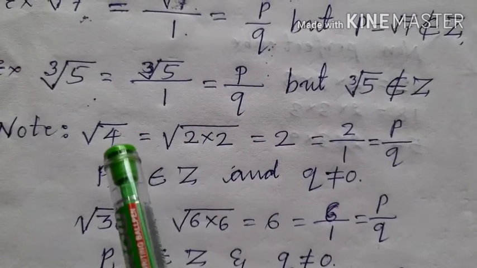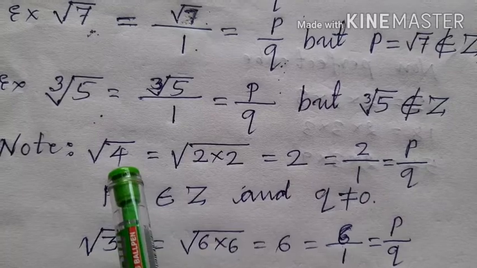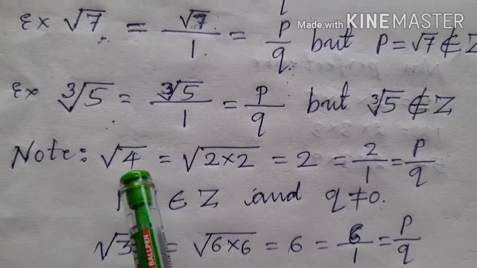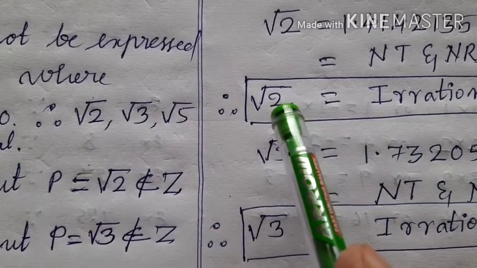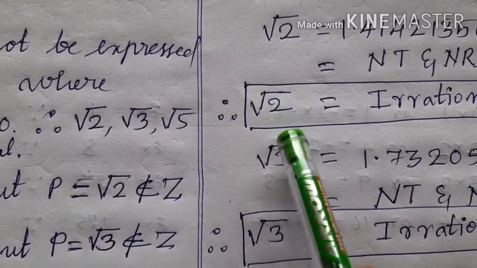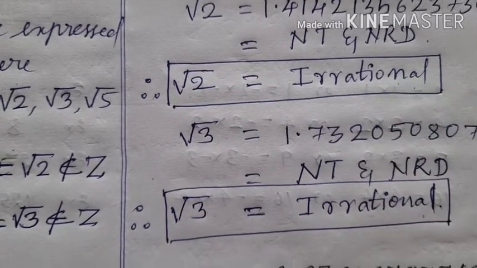So if the number written under the square root mark is a perfect square number, then it is rational. Okay? If the number written under the square root is a non-perfect square, then it is irrational.